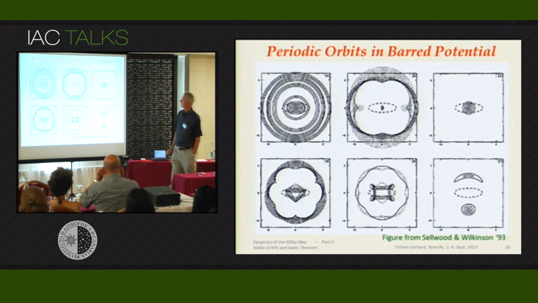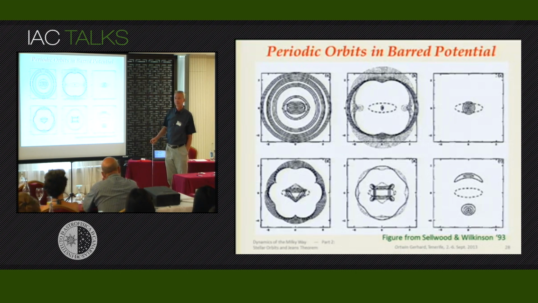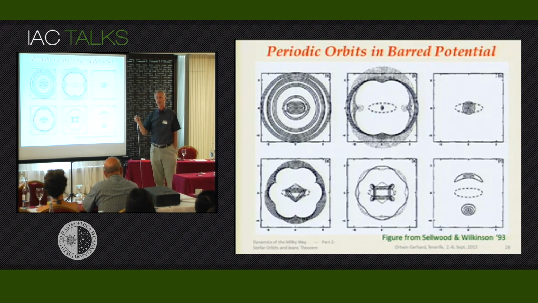Anyway, the principle is orbits change shape every time you cross a resonance. Then we have, in addition... You mean that X1 orbit couldn't exist beyond the resonance?